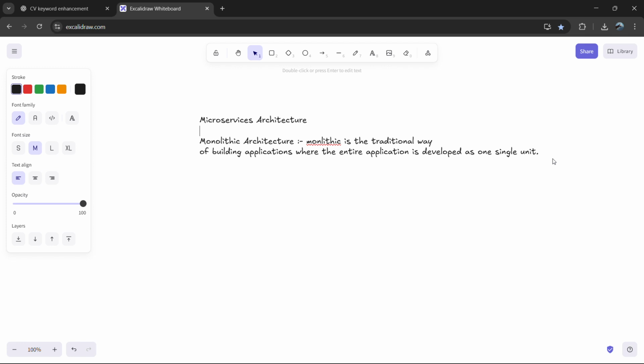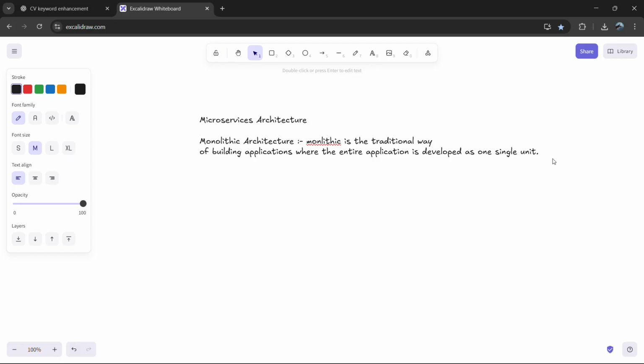So the whole application must be scaled, and in monolithic architecture different teams cannot work independently as they are tied to the same code and database. Technology choices are limited because the whole application must use the same stack.